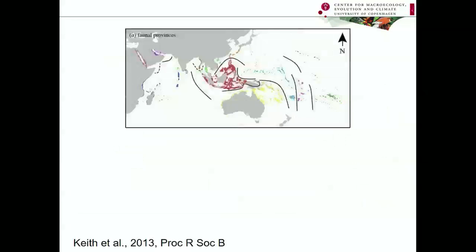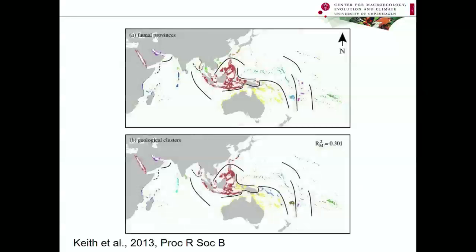When the authors investigate what factors might generate these distributional patterns, they found strong support for geological features. So clusters based on geological features such as volcanic island chains correspond pretty well to the breaks in the faunal provinces that you can see in the top image there.